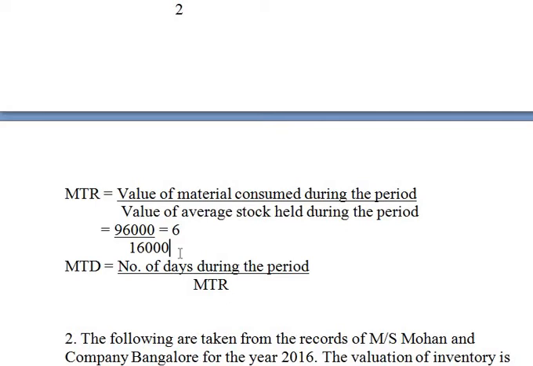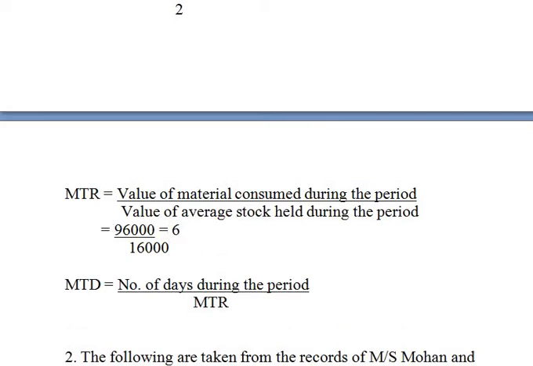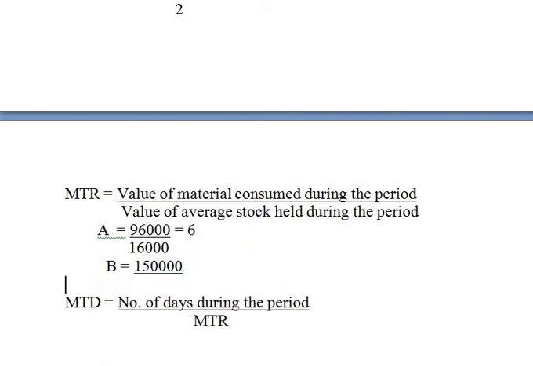Same thing, calculate for B also. For B, material consumed is 1,50,000 divided by average stock, which we have calculated as 30,000. So that will be equal to 5.